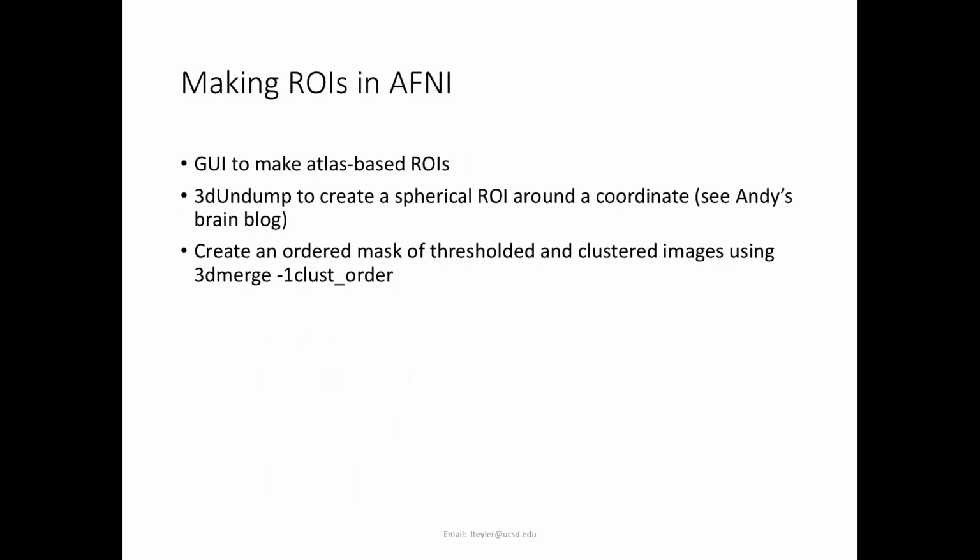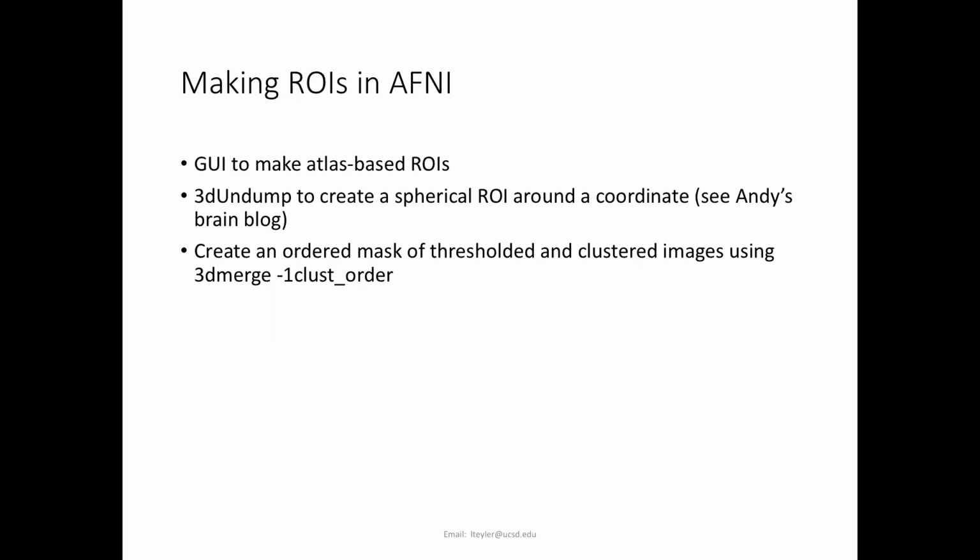So there are different ways of making these ROI masks, because basically what you need in order to get information about what's going on in a particular sub-part of the brain is a mask. A mask is just a three-dimensional brain map that has zeros everywhere except for ones in the region that you want to find out about.